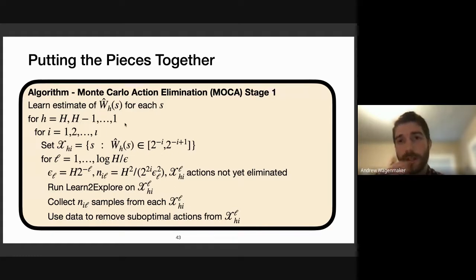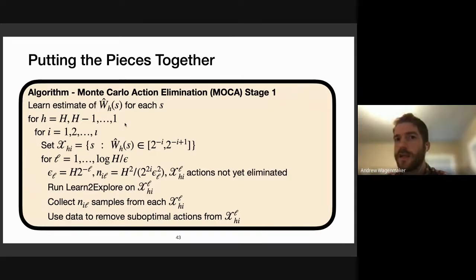Then once you run that stage, we end up running another stage, which samples at a slightly higher rate, which guarantees that your final policy is epsilon optimal. It's kind of subtle.